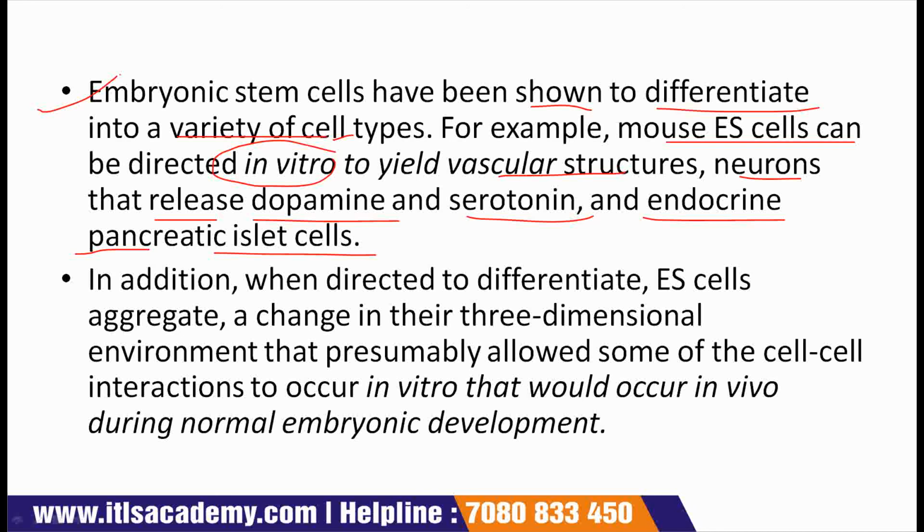In all the three cases that we have discussed, proliferating undifferentiated mouse embryonic stem cells provide the starting material and functional differentiated cells were the result.